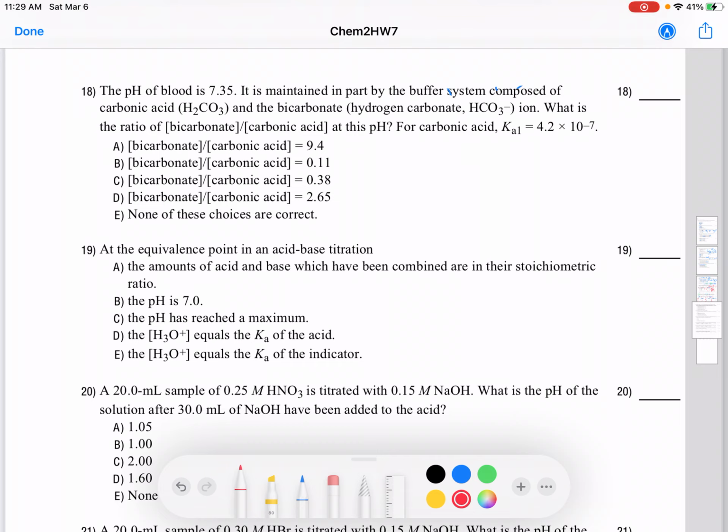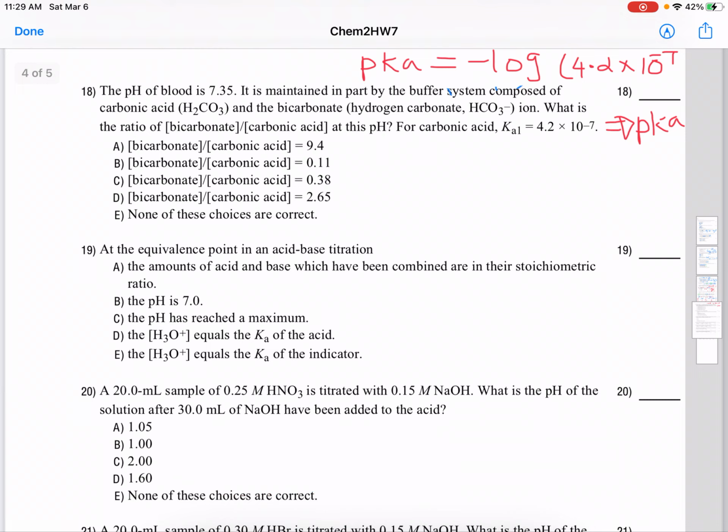And again we can use the Henderson-Hasselbalch equation. Find out the pKa. You know how to calculate pKa. pKa is going to be the negative log of 4.2 times 10 to the negative 7.